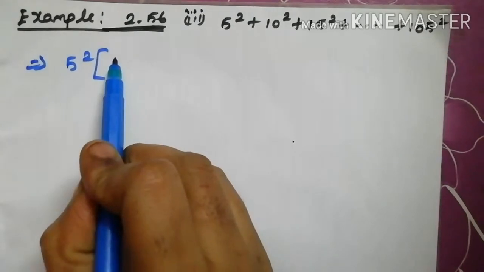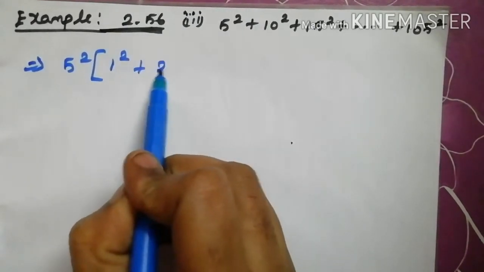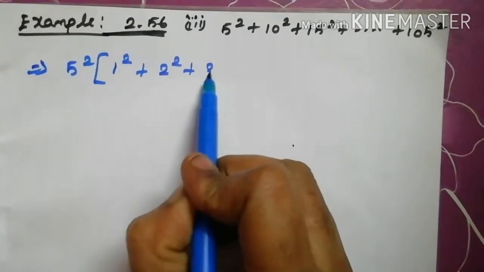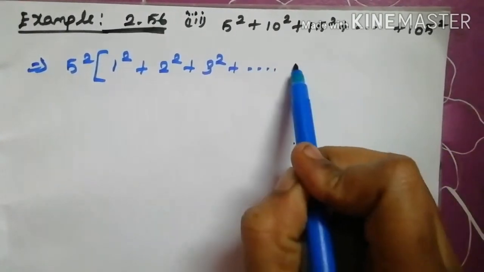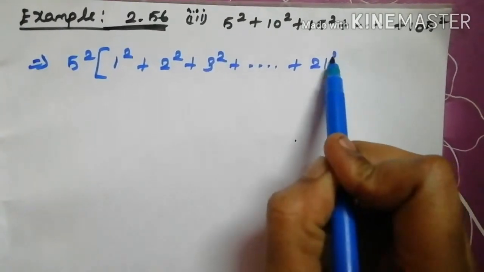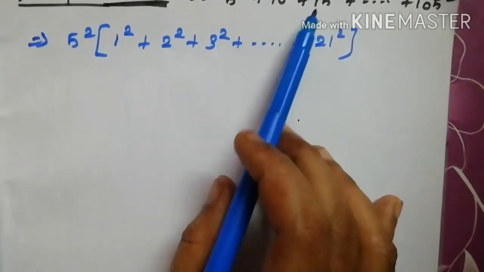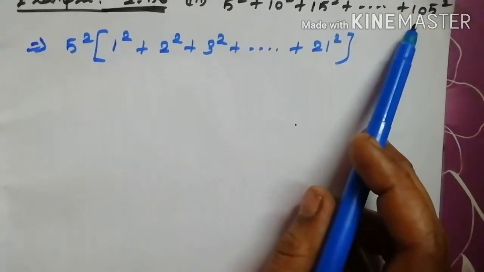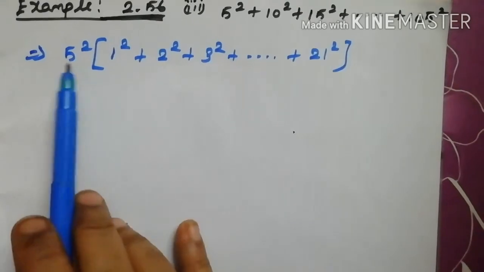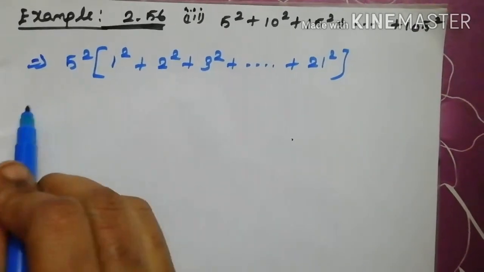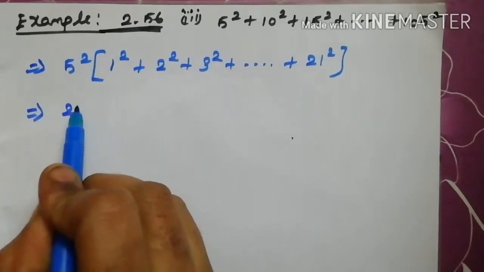So inside we have 1 square, 2 square, 3 square plus up to plus 21 square, because 5 ones are 5, 5 twos are 10, 5 threes are 15, 5 twenty-ones are 105. Here 5 square is nothing but 25.